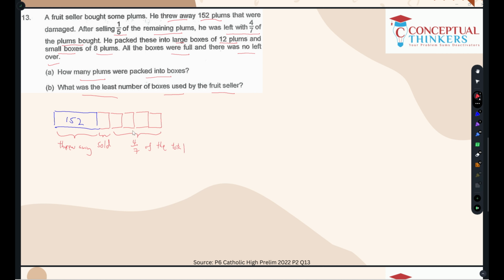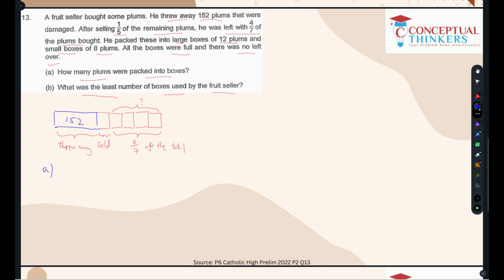Now, what they ask is how many plants were packed into boxes. It happens that this is the question mark that they are asking for in part A. So let's start to solve the question. For part A, we need to link these 152 plants in terms of units.